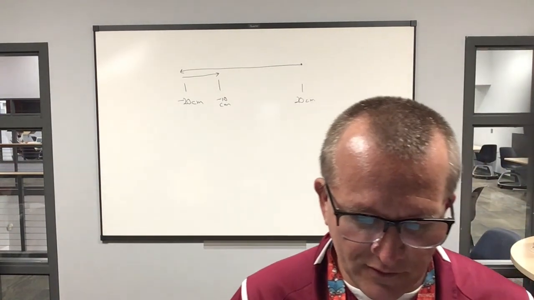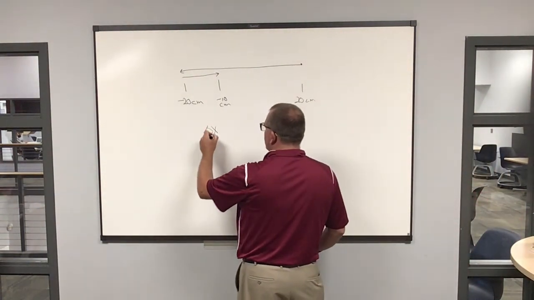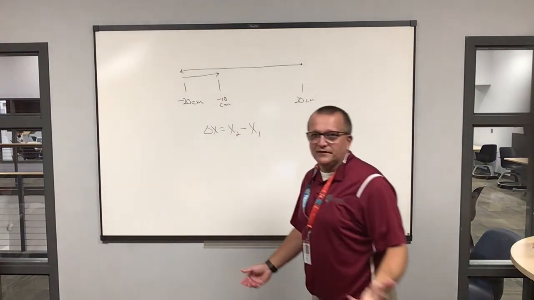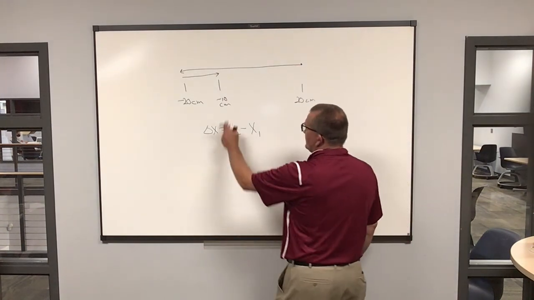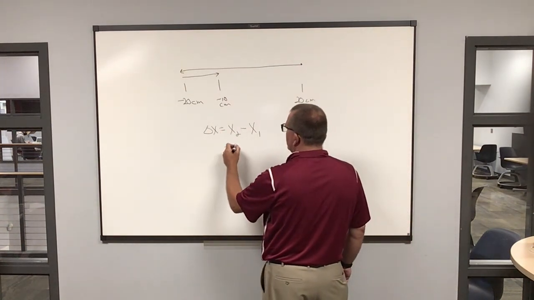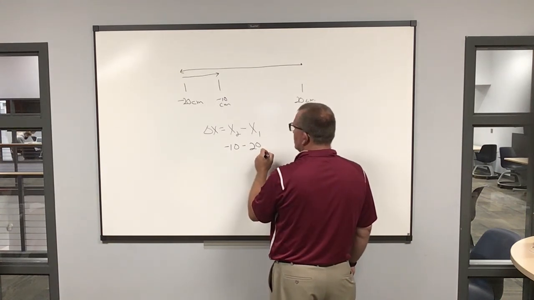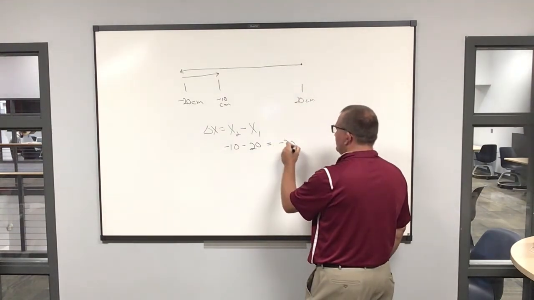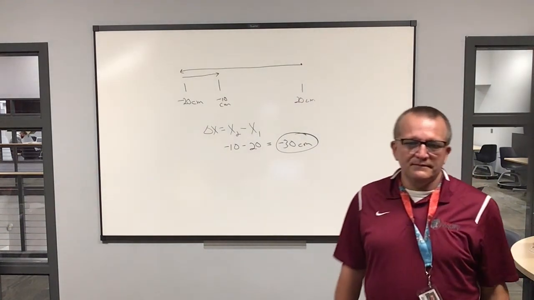Displacement, just on the x, is change in x, which is x2 minus x1. Essentially, it's just x2 where we finish, so negative 10 minus 20. So my displacement is negative 30 centimeters.